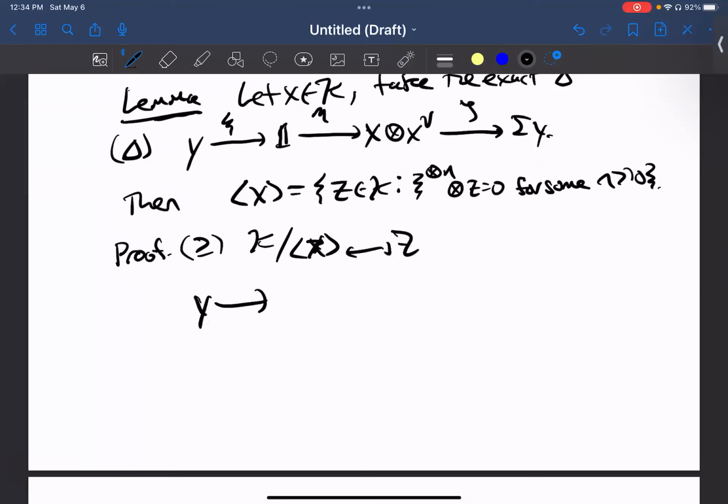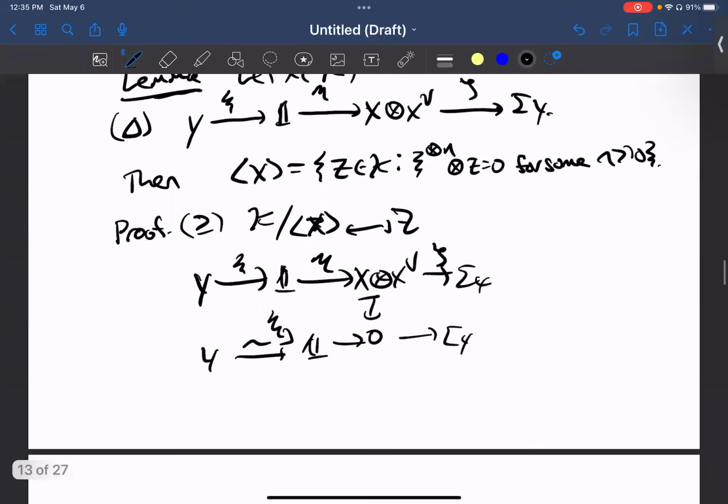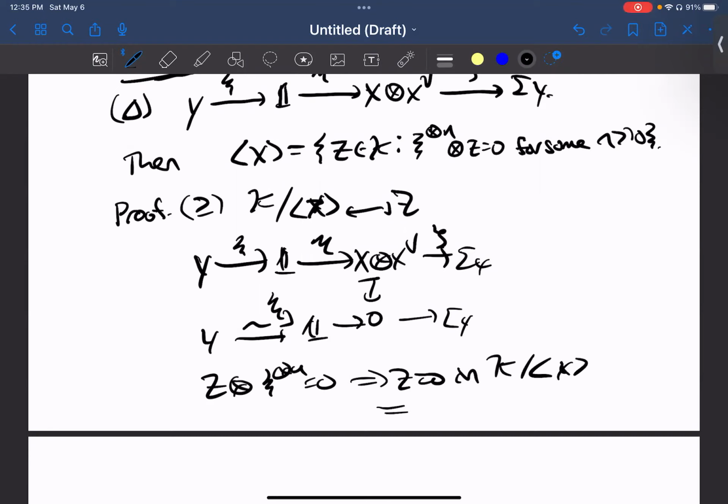So if we look at this exact triangle in this quotient, then X goes to 0, and 1 is going to go to the unit. So that means that this is going to go to an isomorphism. And in particular, if Z tensor this isomorphism to the tensor N is 0, then this implies Z equals 0 on the quotient, which implies that Z is an element of this ideal.